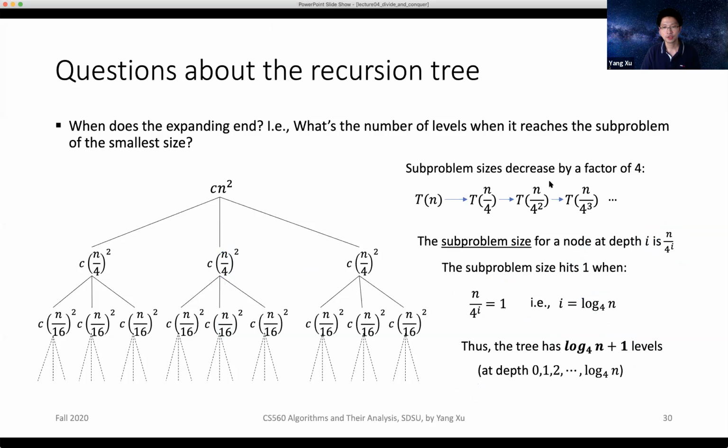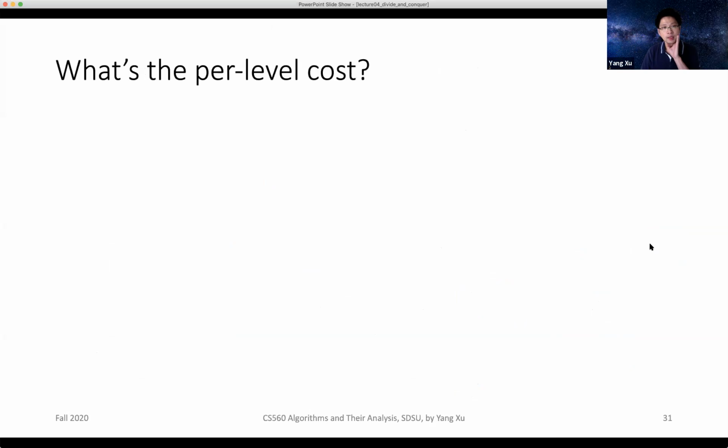Okay, so that's the first part of useful information. I will mention the master theorem later, because that would be a general solution to a recurrence of this form.